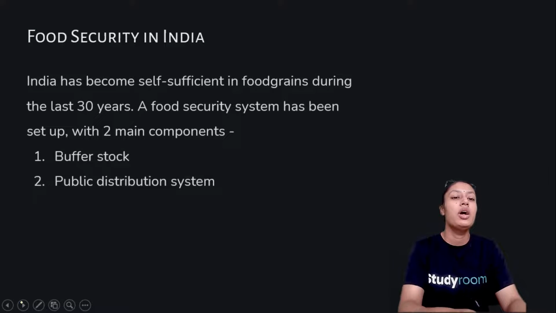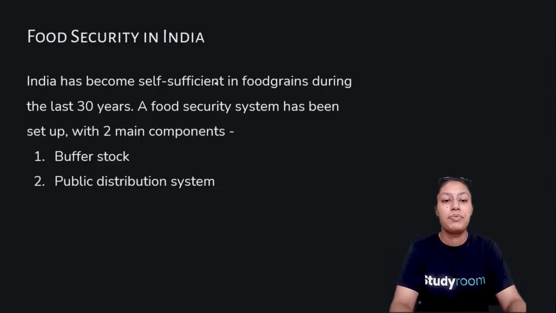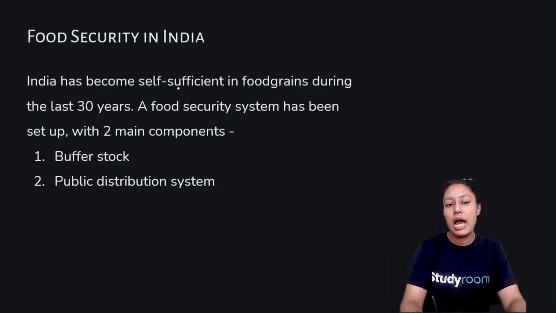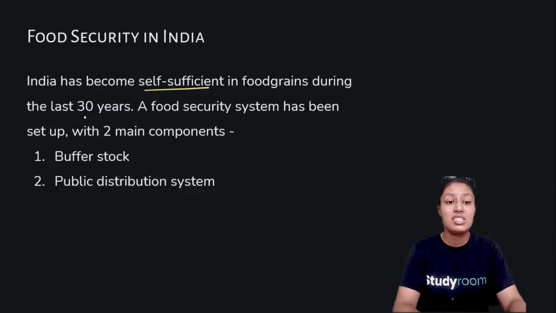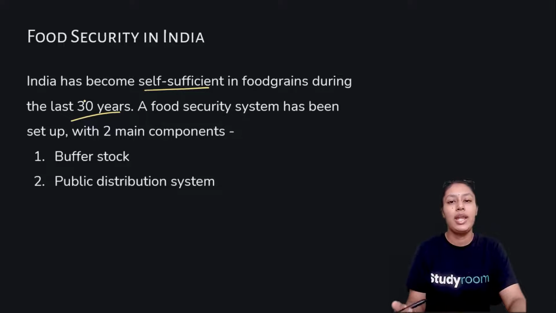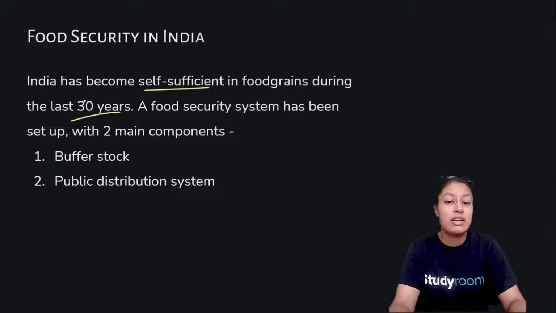Next, we'll move to food security in India. Now, we all know that India has become self-sufficient in food grains during the last 30 years. Means after independence, we have become self-sufficient, as we call it in Hindi, Atmanirbhar, that we don't have to ask any other country for any kind of food. We can sustain ourselves. But how has it happened? What are the reasons that our food security system is now becoming better?